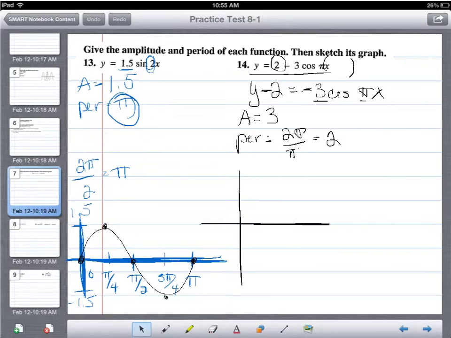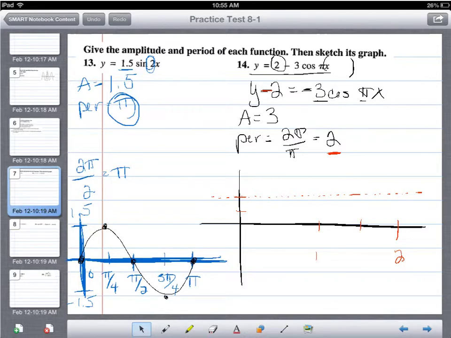So I'm going to go ahead and graph this. And I have action points here. Period is 2, so it's going to repeat the process after 2 units. Before I get too carried away, we've got that vertical shift 2. So that y minus 2 means we're actually going up 2. So I'm just going to make a dotted line here to show you what ground level is going to be for cosine. Okay, so here's 2, here's 1.